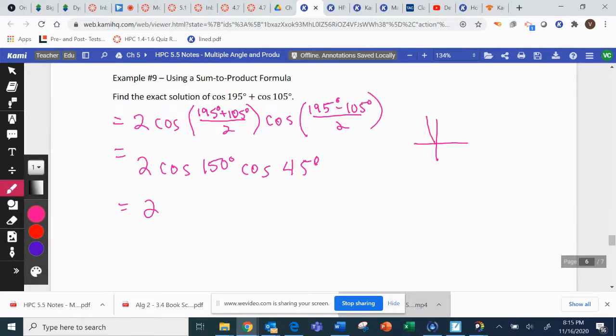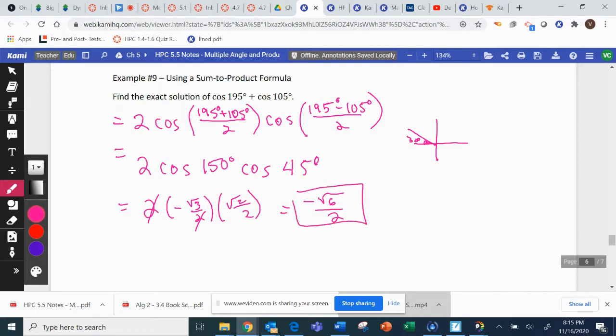No, I lied. It was better the first time. One more try. So 150 has about 30 degrees left over. So the cosine of that is going to be negative square root of 3 over 2, and then the cosine of 45 degrees is square root of 2 over 2. So those 2's will cancel. We'll get negative square root of 6 over 2 for our exact value.